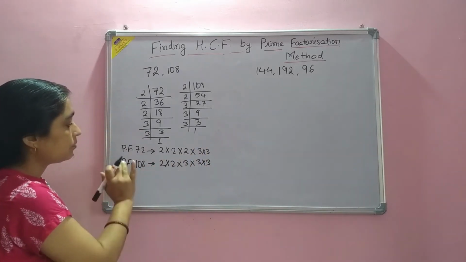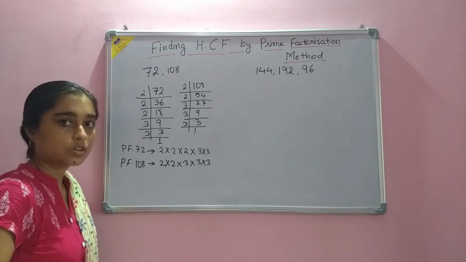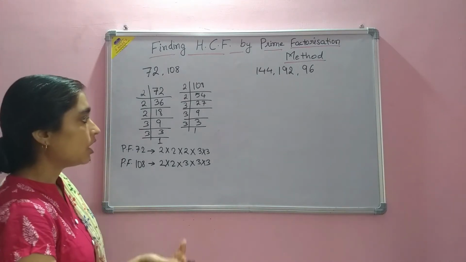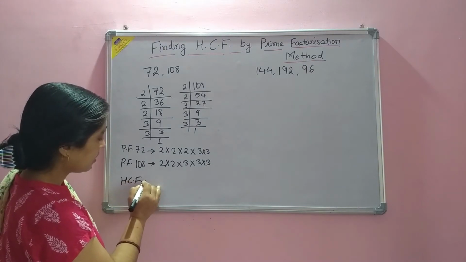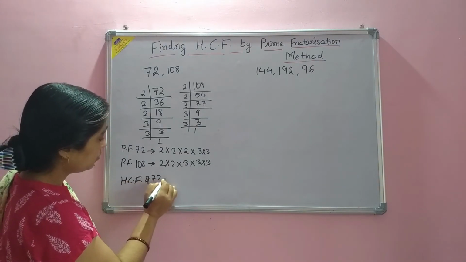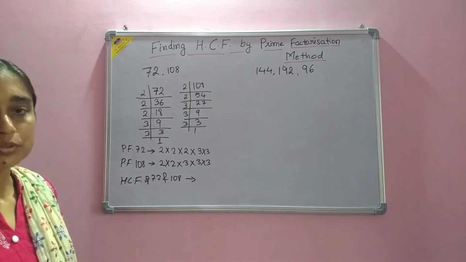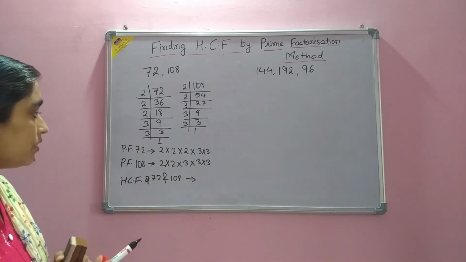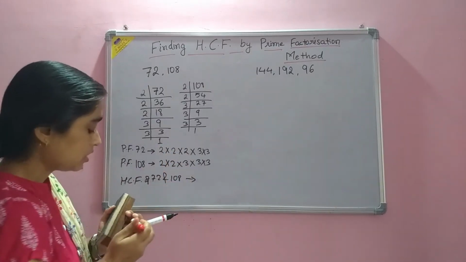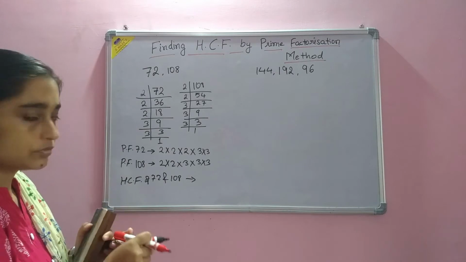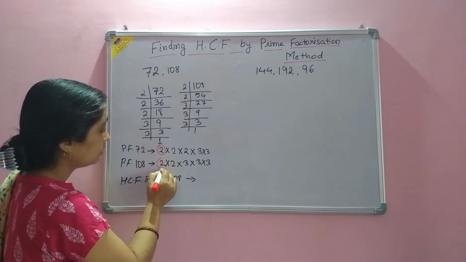Now see, this is the prime factorization of 72 and this is the prime factorization of 108. Now to find the HCF of 72 and 108, what will we do? We will find out the common numbers in between these two prime factorizations. The common number 2.